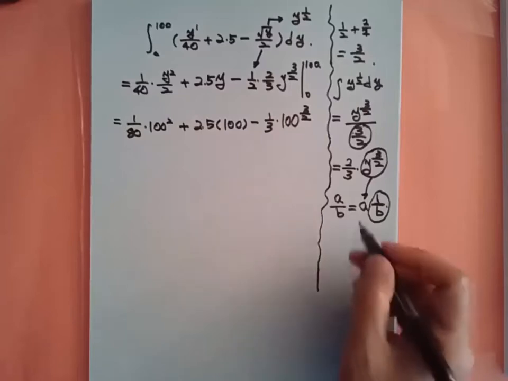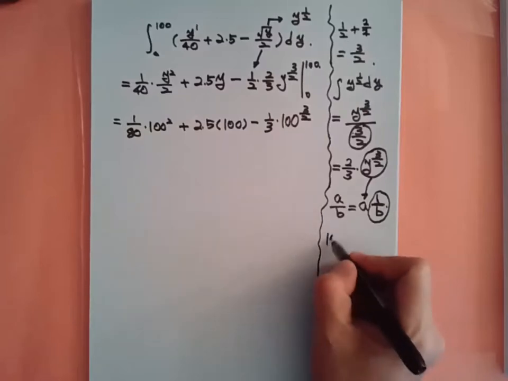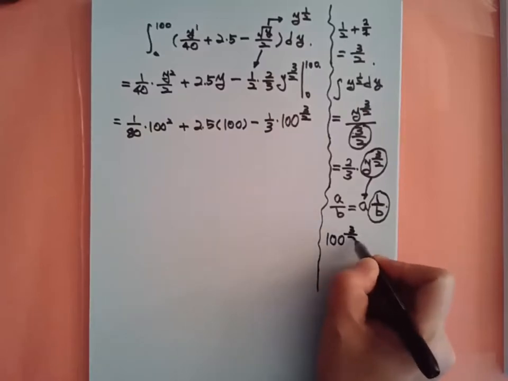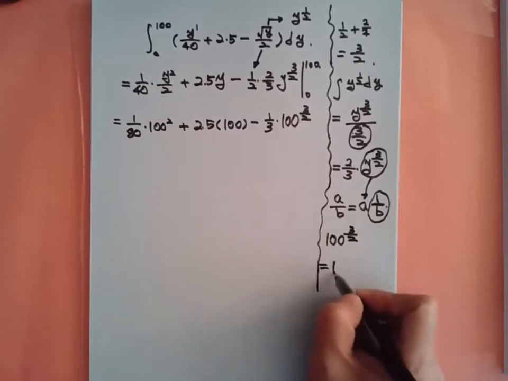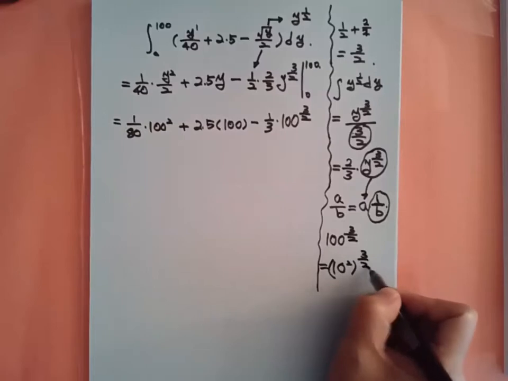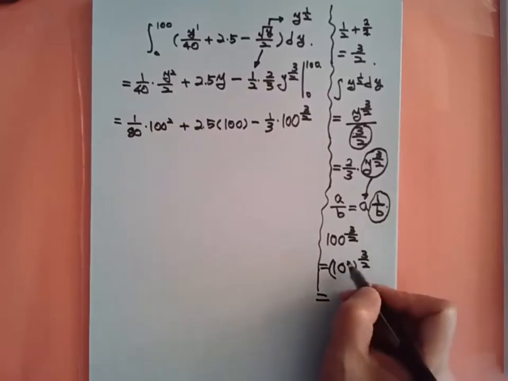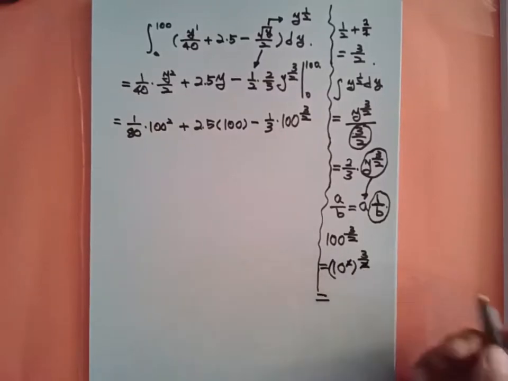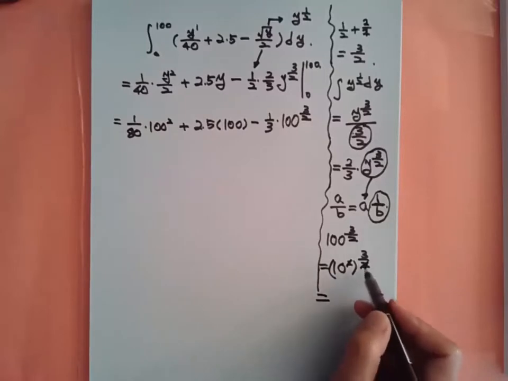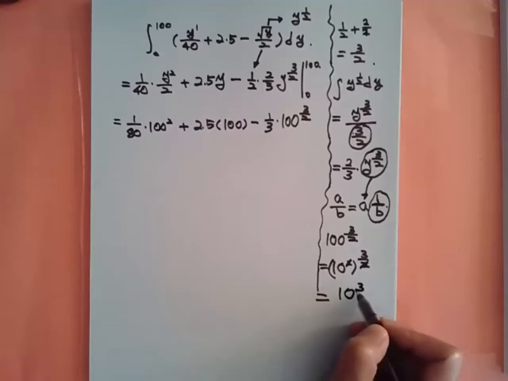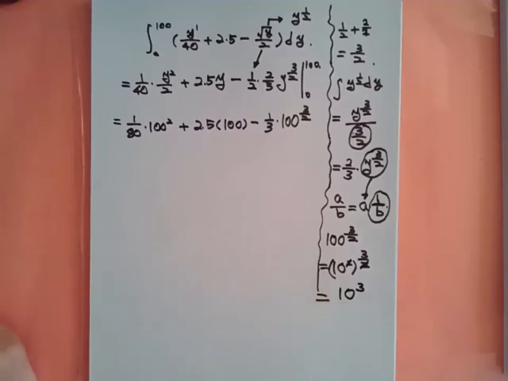Now, let's think about 100 to the 3 over 2 power. So 10 squared times 3 over 2. If we multiply the 2, then the 2 and 2 will cancel each other. So we have 10 cubed, which is 1,000.